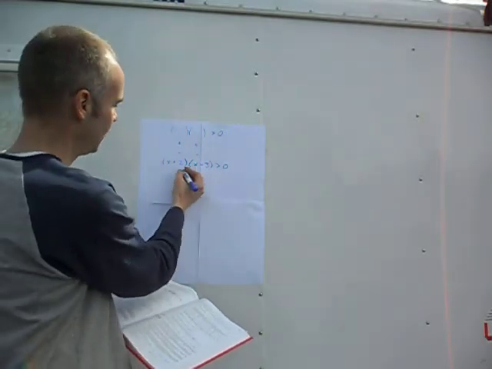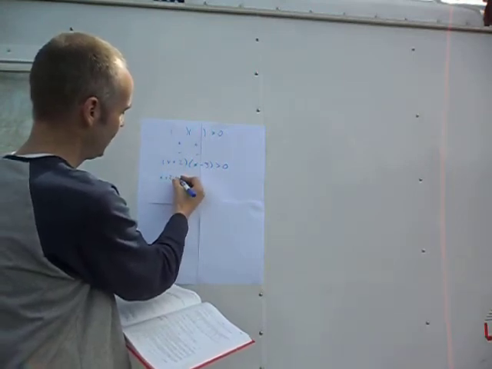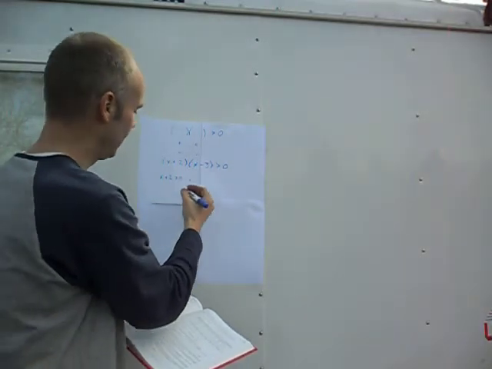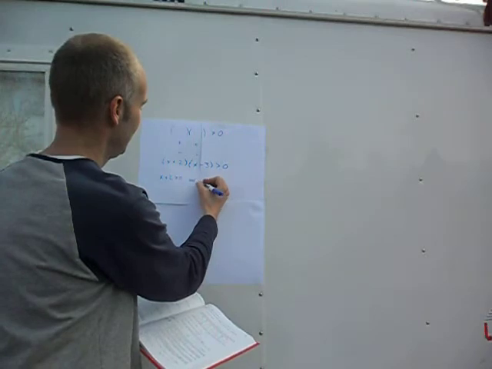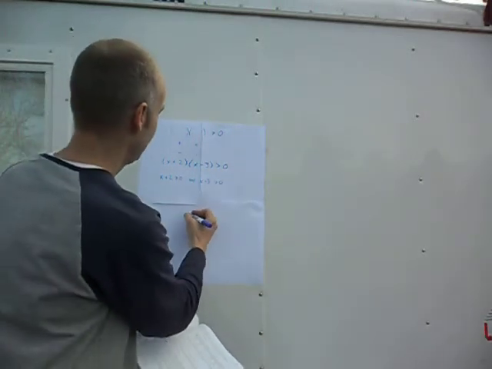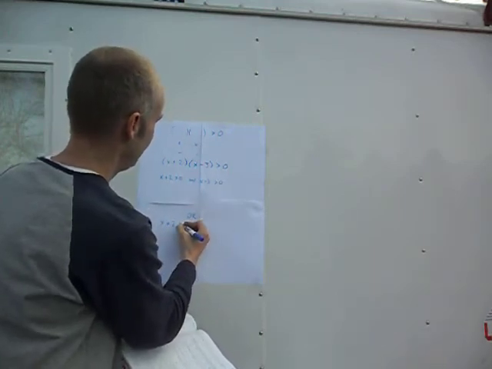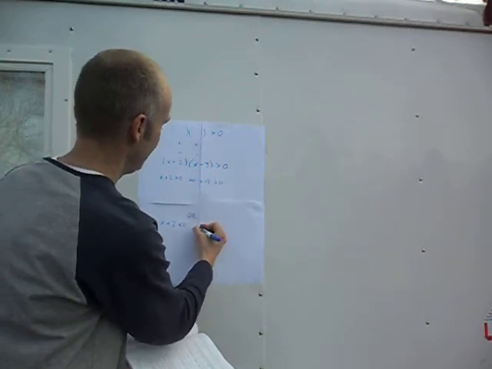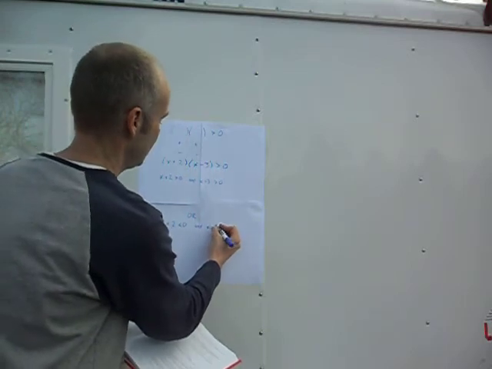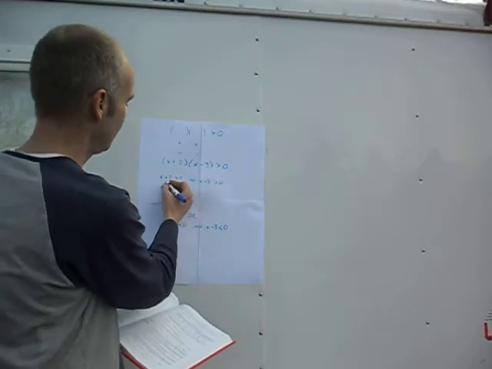So either x plus 2 is greater than 0 and x minus 3 is greater than 0, or x plus 2 is less than 0 and x minus 3 is less than 0. You have to have "and", both of them have to be satisfied.